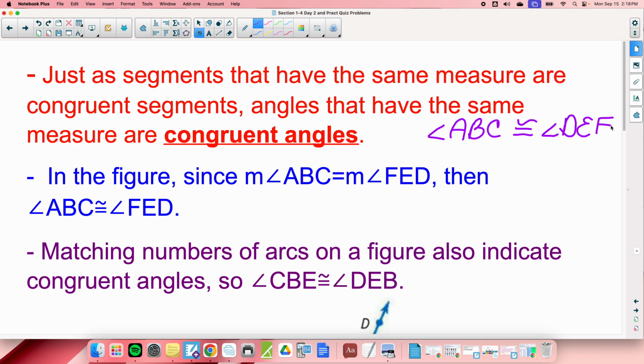When I write this as the measures, they write a little m in the front. So this means the measure of angle ABC equals the measure of angle DEF. The angles themselves are congruent, which means same measure.